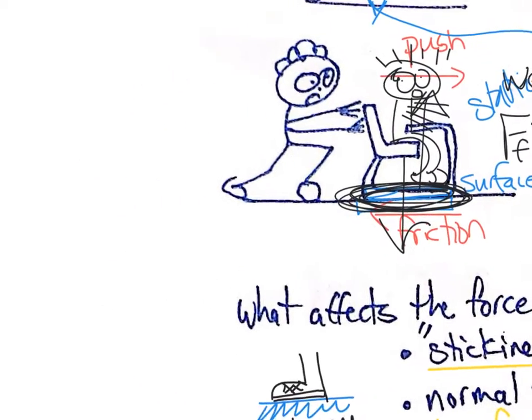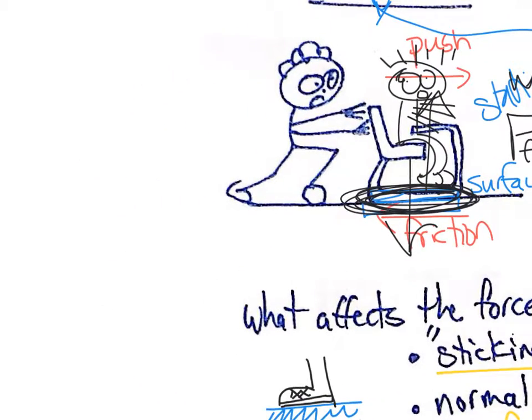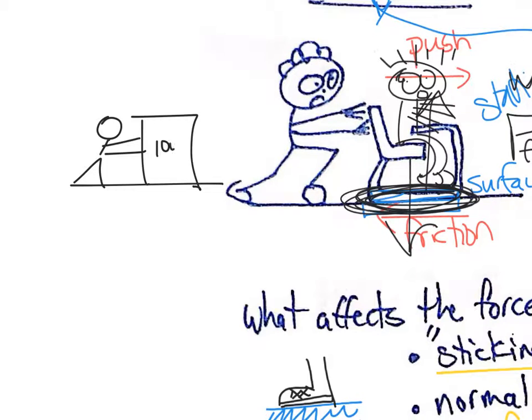So if we go back to this situation, I'll redraw it: desk, teacher. So the teacher's pushing on the desk. And let's say this is something really heavy, 100 kilograms, massive. And let's say we calculate the frictional force, and what we get is 1,000 newtons.